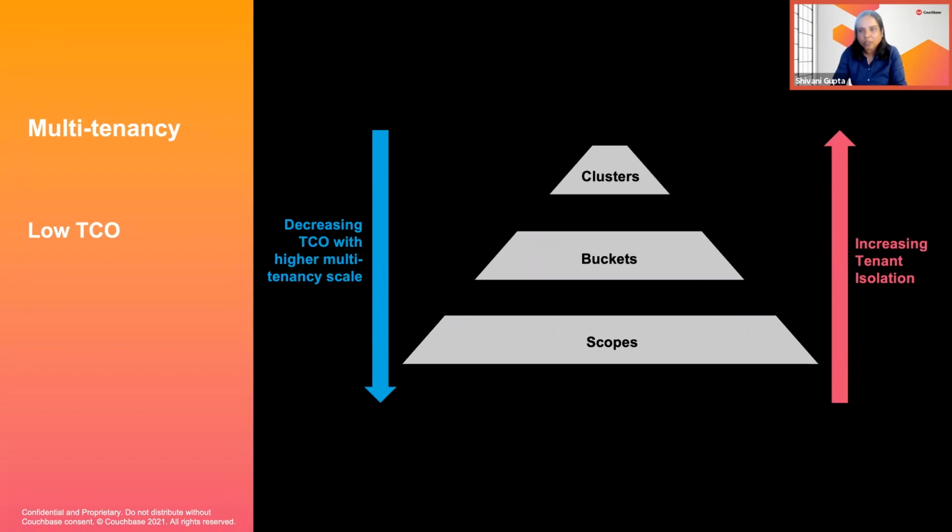If you want more isolation, you would go with something like clusters, but it increases your TCO. We now offer scopes as a third alternative to your various multi-tenancy options, with sufficient tenant isolation for most cases, but with higher multi-tenancy scale.